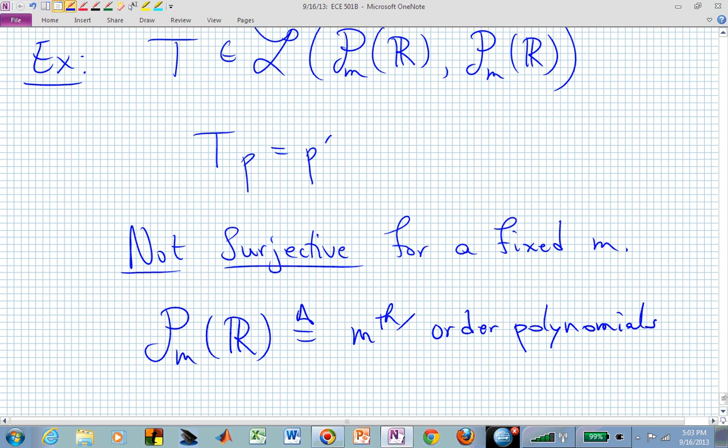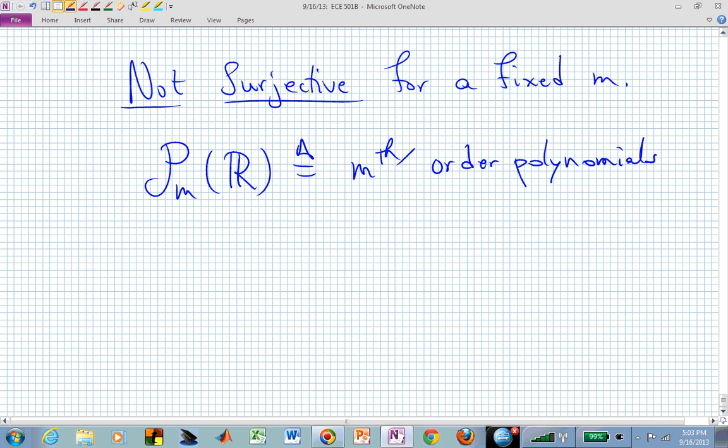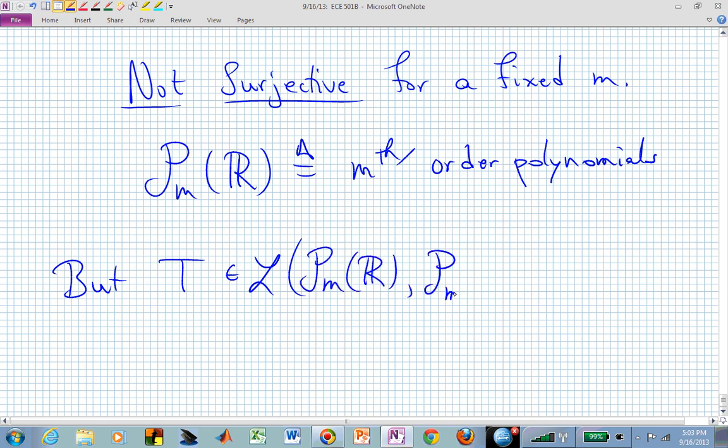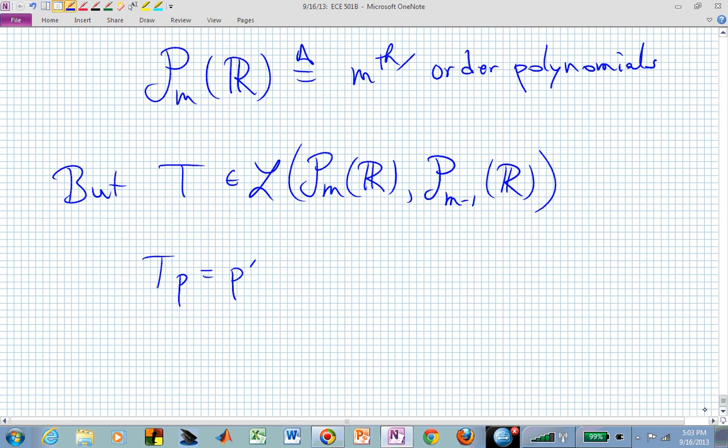If I change that around though, suppose I'm looking at all these linear maps T from P of M of R to P of M minus 1 of R, where T again is this differentiation map.